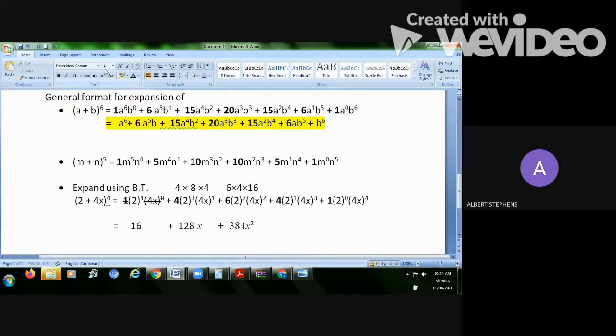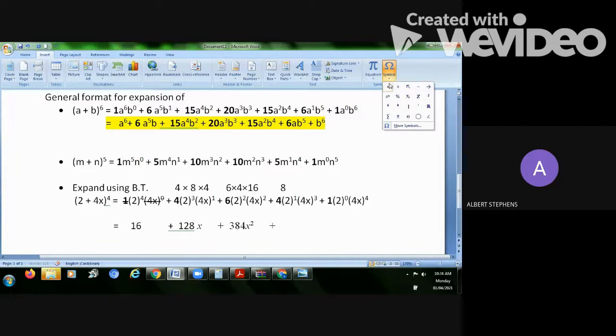All right. And the other one is 512 x cubed. All right. So this is 8. All right. And this is 4. 4 times what? 4 times 4, not true? Yes, sir.